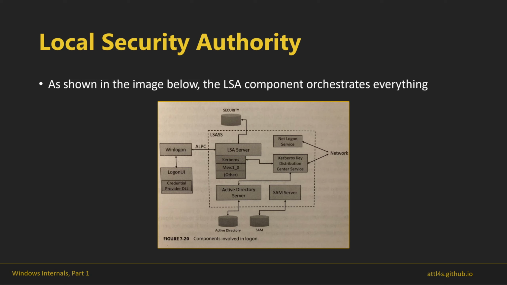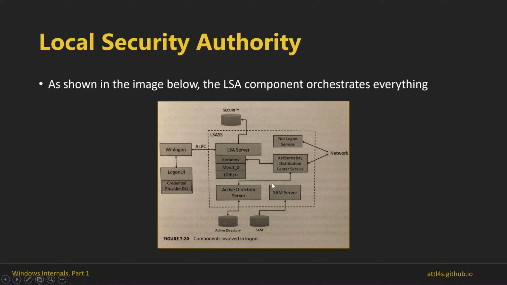And as we can see here from Windows Internals, the captain or the main component that is orchestrating everything is the local security authority component, LSA. We can see that when someone physically logs into a computer, the information is sent to LSA, and here we have the authentication packages.